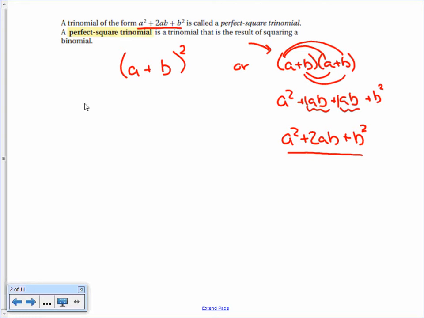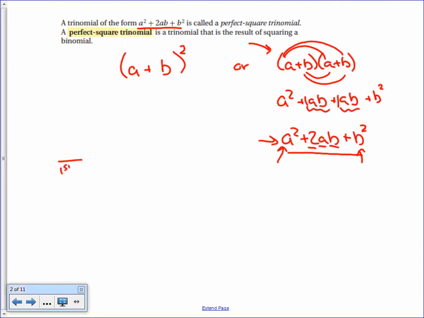It is when you're taking a binomial and you're just squaring it, or you're just taking it times itself. So there's a little shortcut that we can do, and we're going to use this little setup. Basically what you do is just square the first term. You take 2 times the first times the second, and then you square the second term. So to help us out, I'm going to make a picture here.